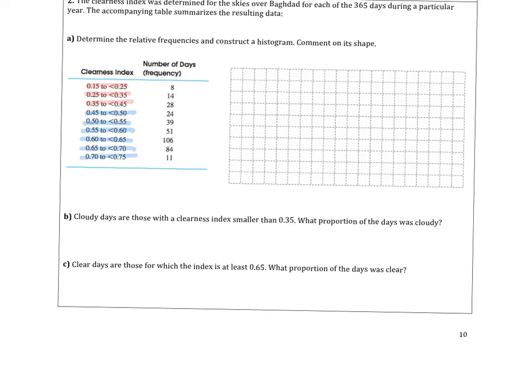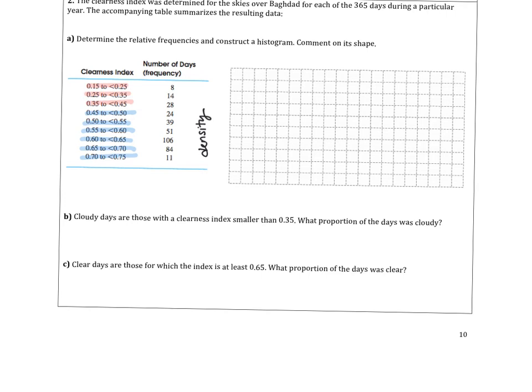So for this graph, for number 2, you are going to be using density on the y-axis. So on the x-axis, you can keep this interval width. These are going to be larger than these. That's fine, as long as your y-axis is density. Okay, so that's what we're looking for question 2.